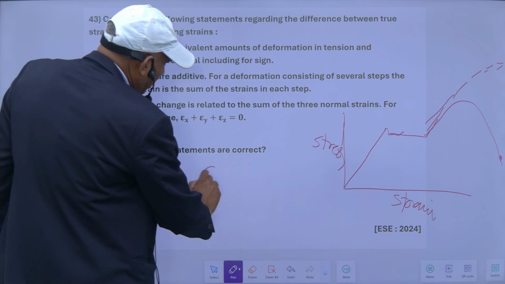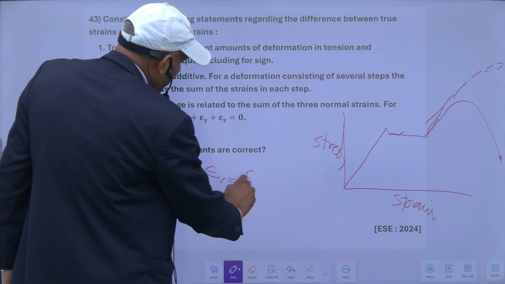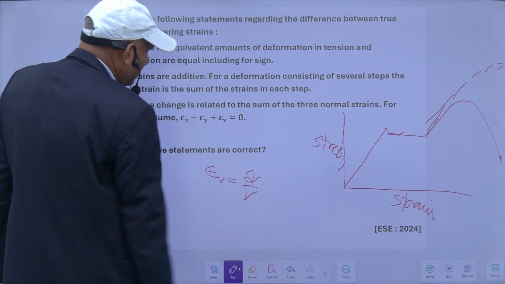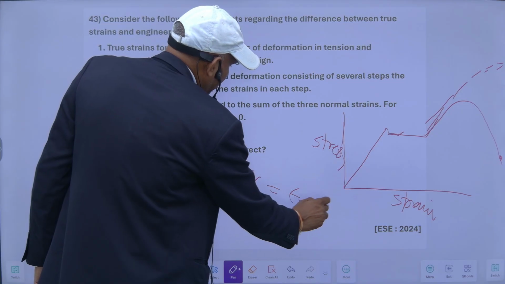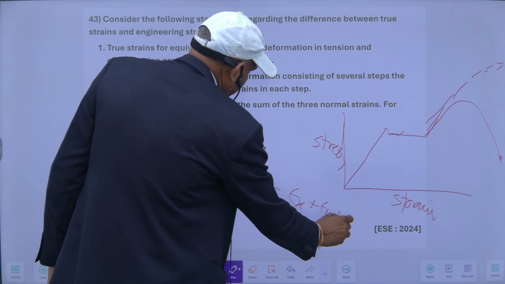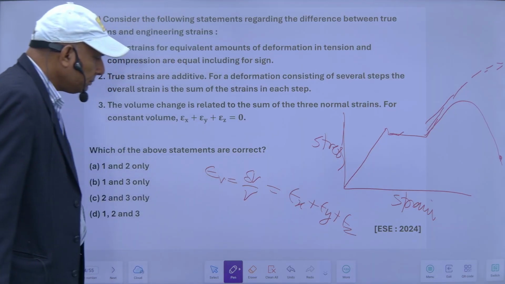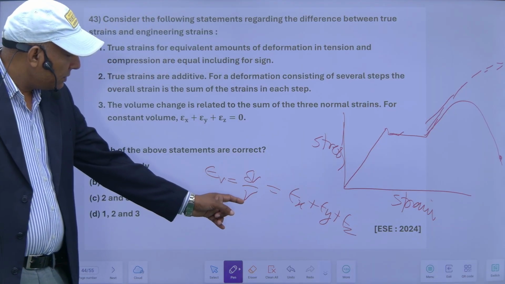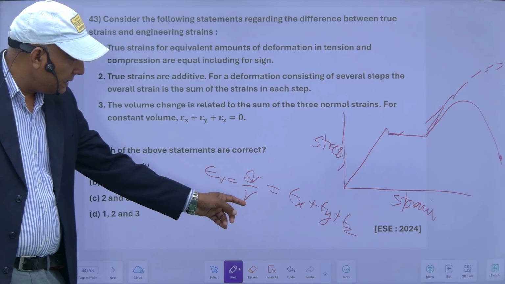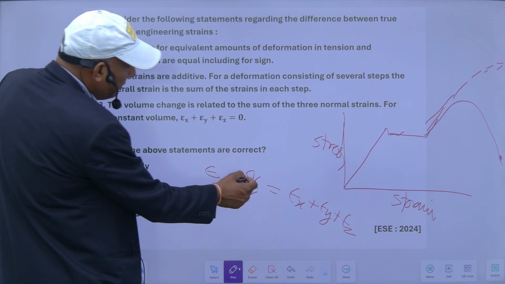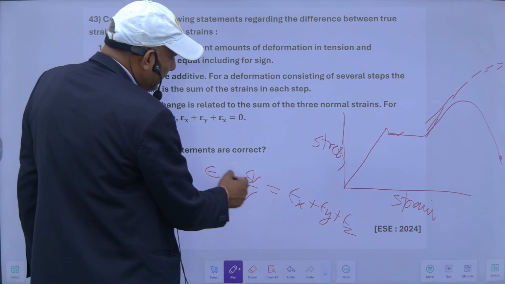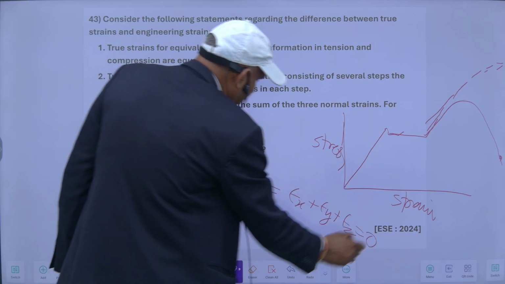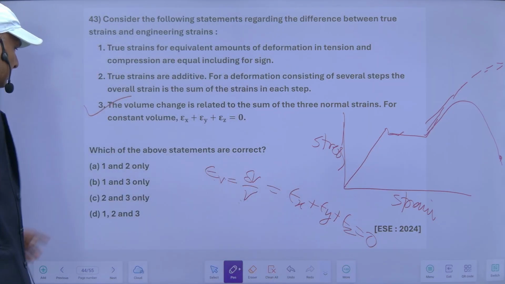So the volumetric strain is equal to change in volume upon original volume, and this is equal to epsilon x plus epsilon y plus epsilon z. And when the volume V is constant, its derivative will be equal to 0, meaning this volumetric strain will be equal to 0. So this is correct.